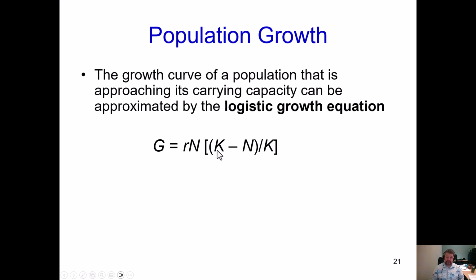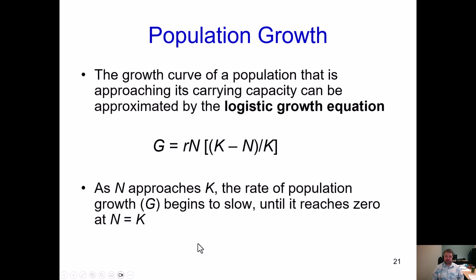Right? Maybe it's 1,000, so your K is 1,000. Maybe it's 10 million. Okay, whatever it is, that's your K. And when you calculate this, right, the closer N is to K, the lower or slower your growth rate is going to be. When N and K are equal, growth is 0.